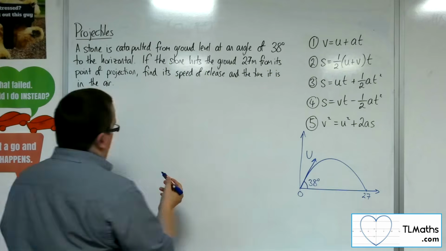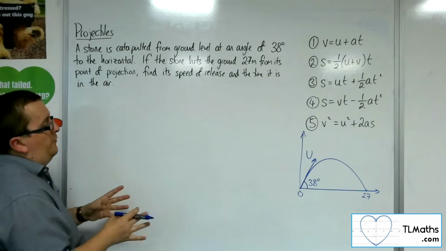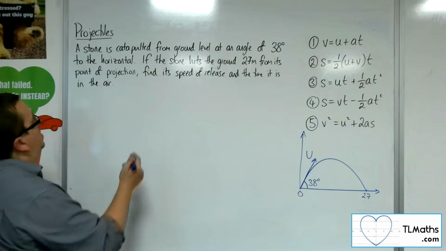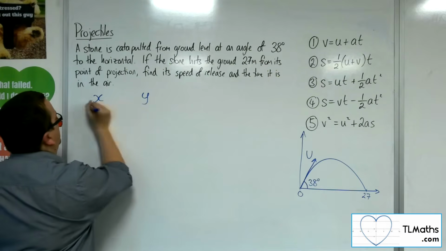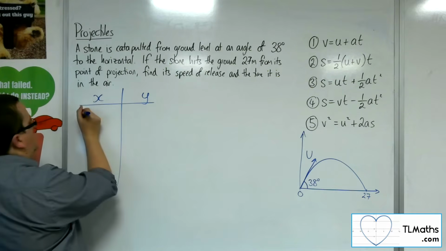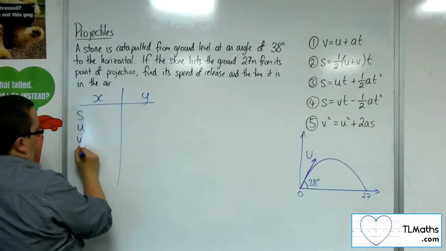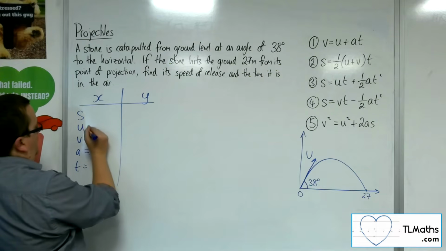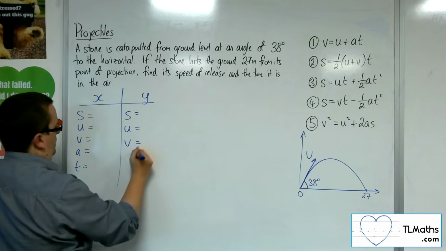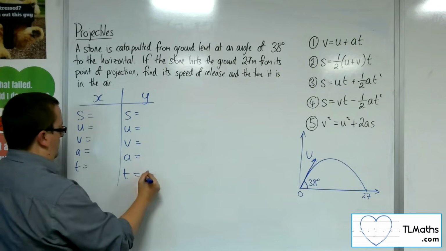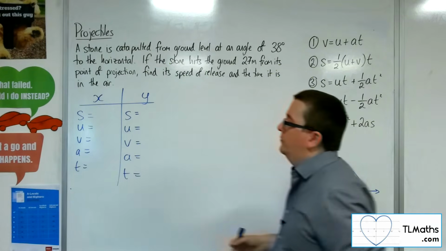Okay, so let's think about using the SUVAT equations in the horizontal and vertical directions. So we're going to have x and y, a little table, SUVAT. So what do I know?